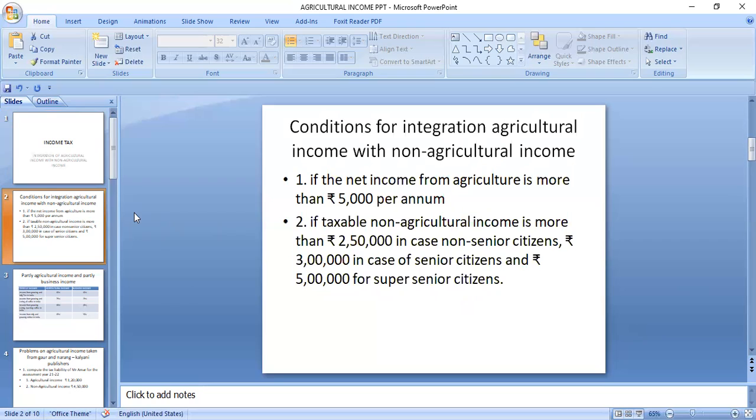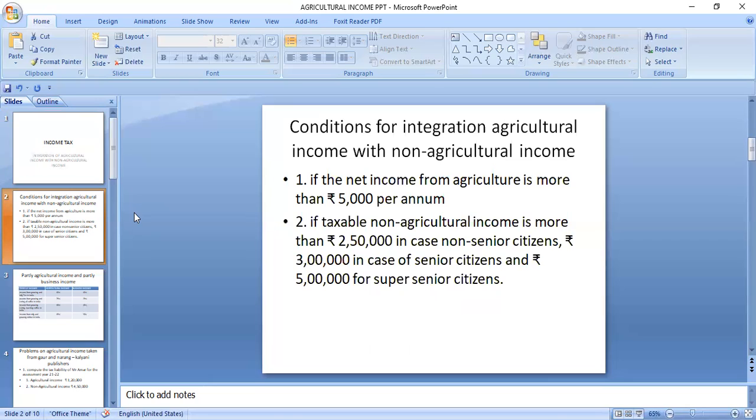The second one: if the taxable non-agricultural income, that means income from business, profession, salary, house property, other sources or capital gain in total, that means the taxable income other than agriculture, is more than 2.5 lakhs in case of non-senior citizens, because who is a non-senior citizen?